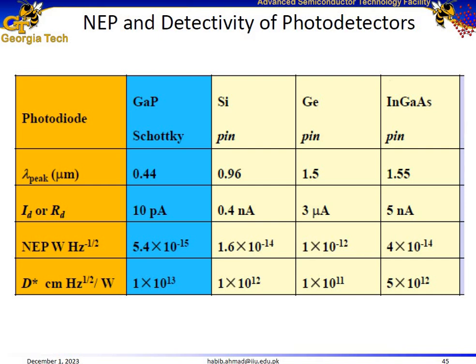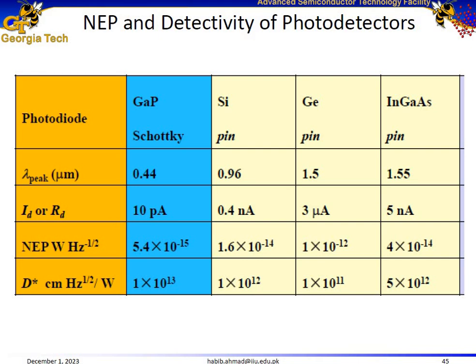Here is a table showing different parameters for different kinds of photodiodes: gallium phosphide based, silicon based, germanium based, and indium gallium arsenide based. The peak wavelengths are given, and the dark currents are given for these photodetectors.